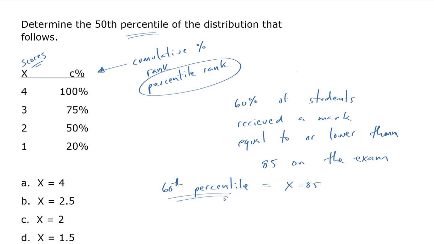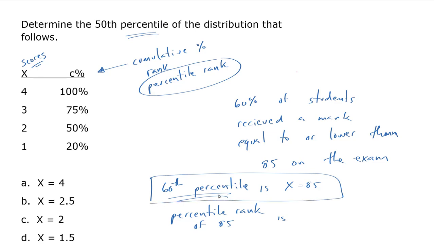The 60th percentile is x equals 85. The percentile rank of 85 might be less confusing if I just say it like this. So the 60th percentile is 85. The percentile rank of 85 is 60%.